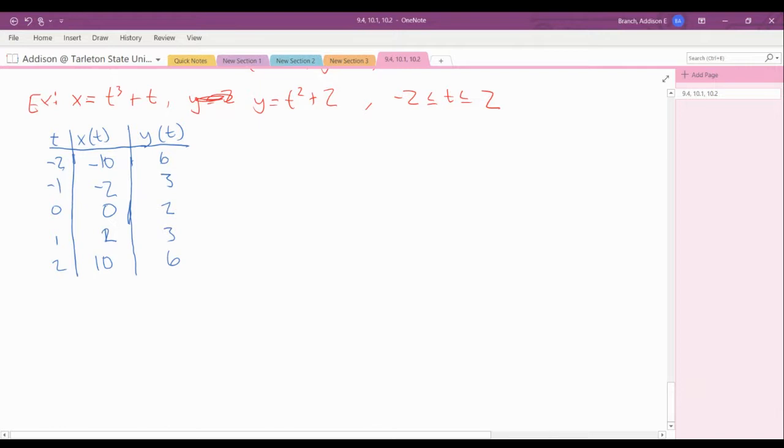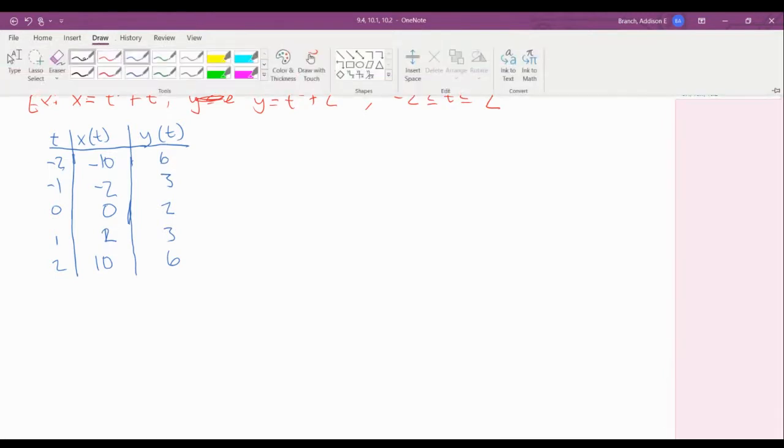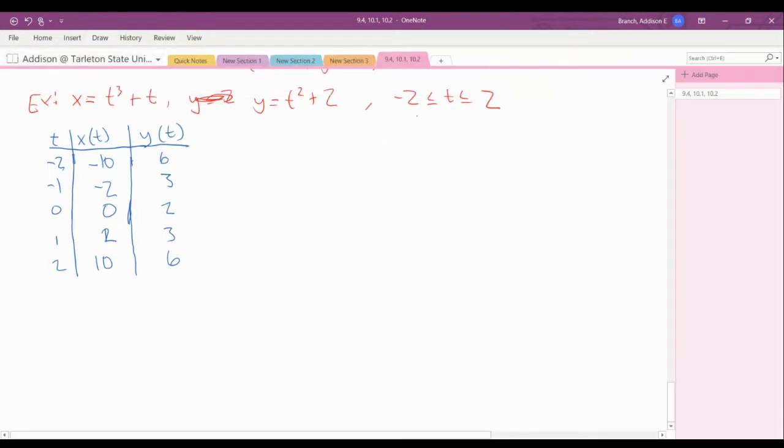So now it's time to actually plot our points. All right, these are all in the first and second quadrants, so I'm just going to draw that kind of low.